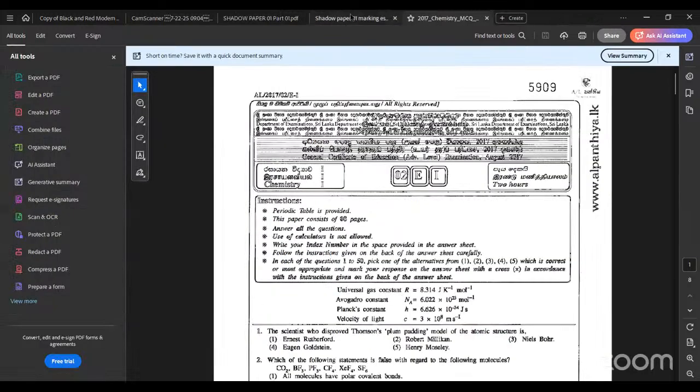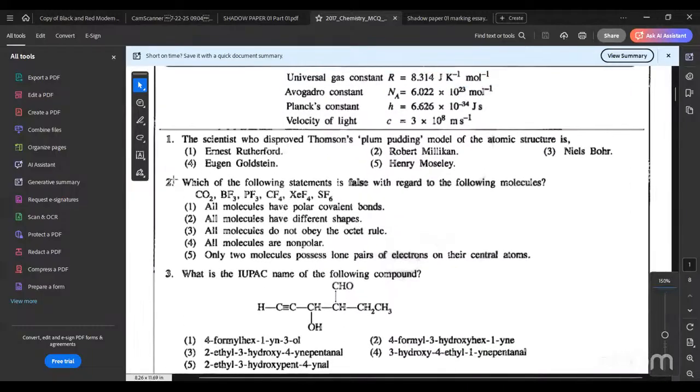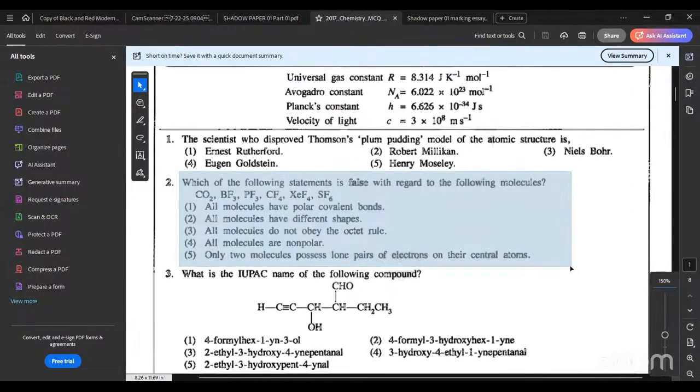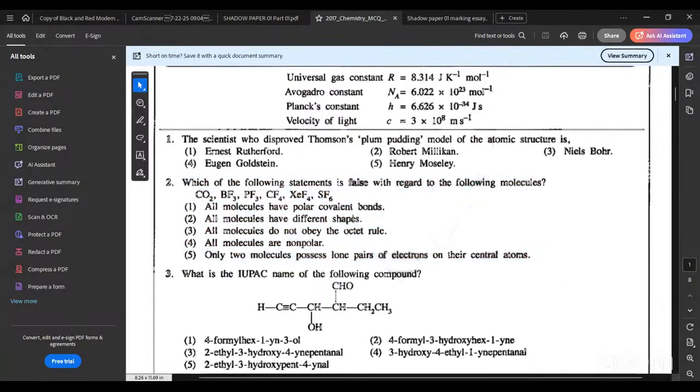Right, so guys, this is the paper of 2017. This question, look. Which of the following statements is false with regard to the following molecules? So they have given a set of molecules and they're asking some common statements related to them. And they're asking what is false.